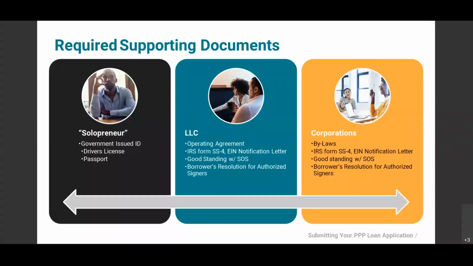For the corporations, all of the documents are the same as the LLC, with the exception of the bylaws. And the bylaws, much like the operating agreement, is an agreement between the various owners of the organization. And as I indicated before, it tells who can bind the organization. So these documents that you're looking at here are documents that I indicated before that help the bank to identify who the customer is. Next slide.